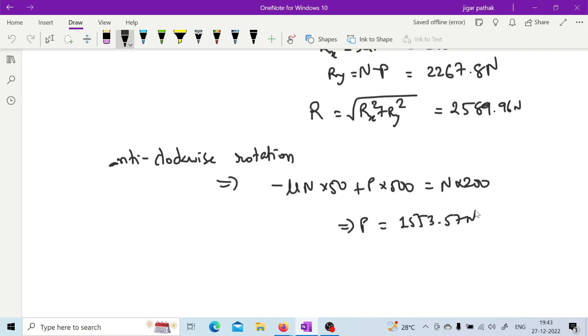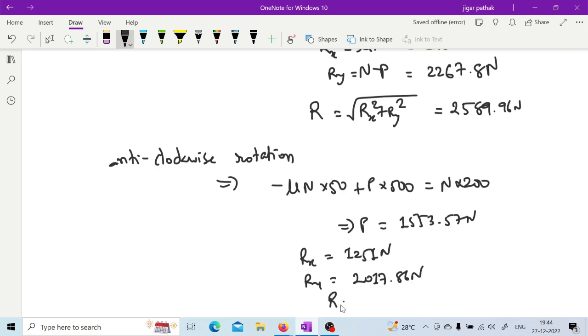Are you getting the same? Yes, sir. Okay, so once you have this particular P, then again you can calculate that Rx and Ry. Rx is not going to change, it will remain almost 1251 Newton. Ry is going to change because this P has changed, right? So it will come around 2017.86 Newton almost.